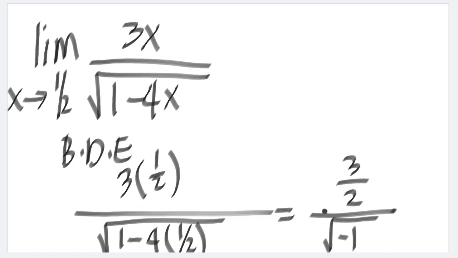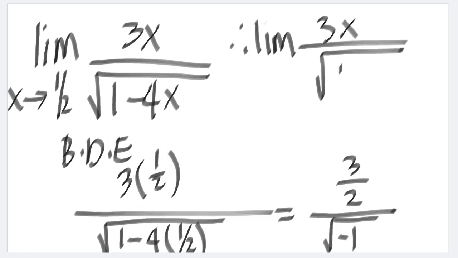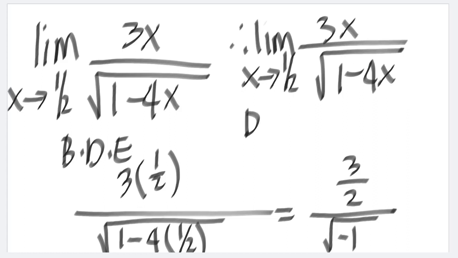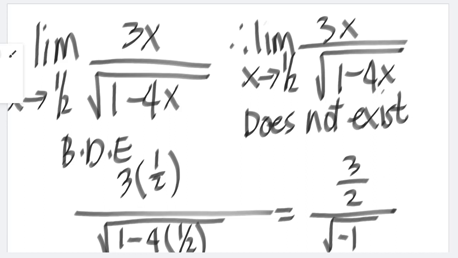Since the square root of negative 1 yields an imaginary number, therefore the limit of 3x over the square root of 1 minus 4x as x approaches 1/2 does not exist by virtue of this value.